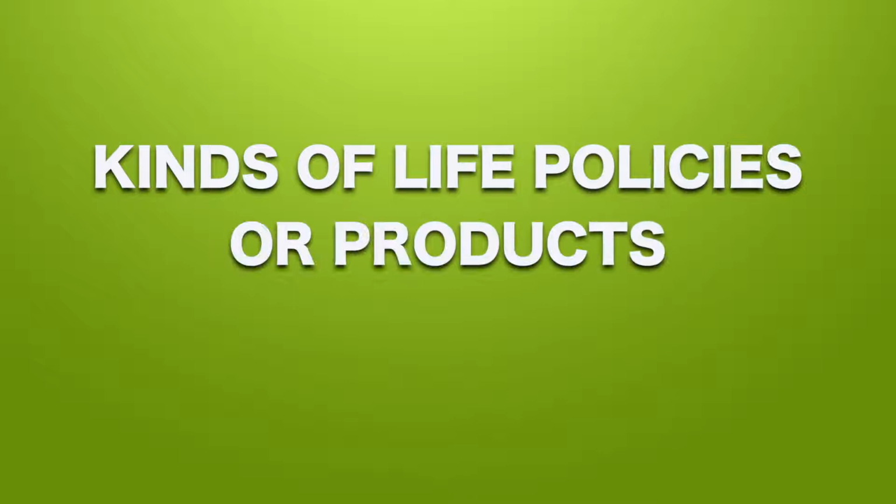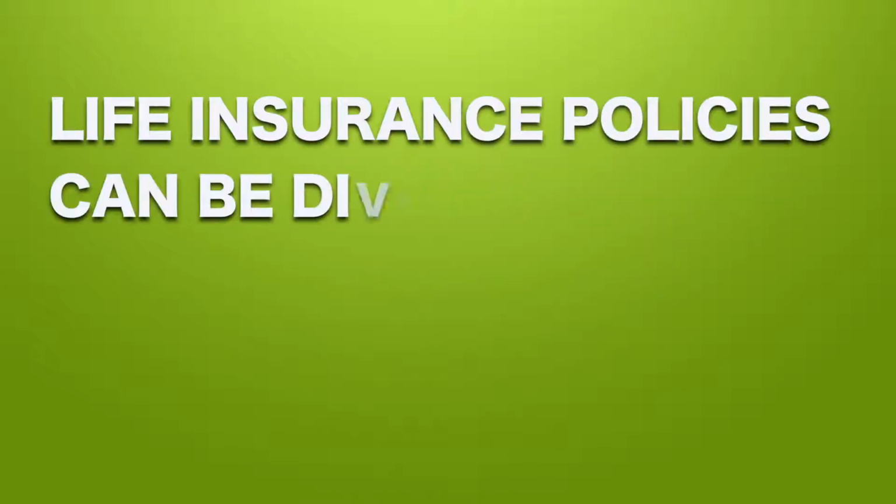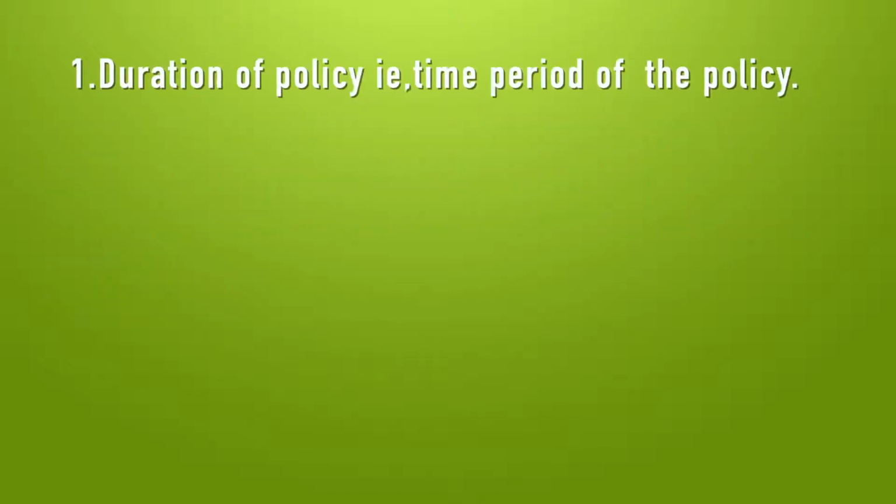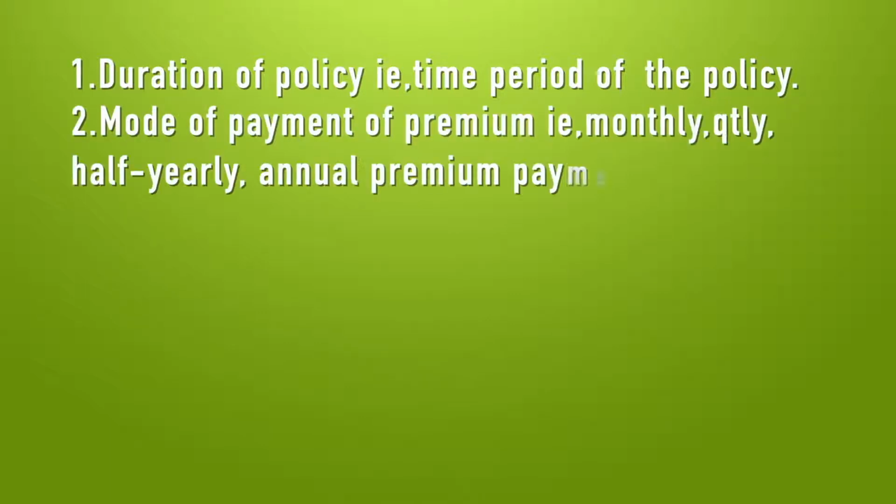Okay students, in this session, we are going to see kinds of life policies or products. Life insurance policies can be divided on the basis of duration of policy, that is the time period of the policy, mode of payment of premium, that is monthly, quarterly, half-yearly and annual premium payments.